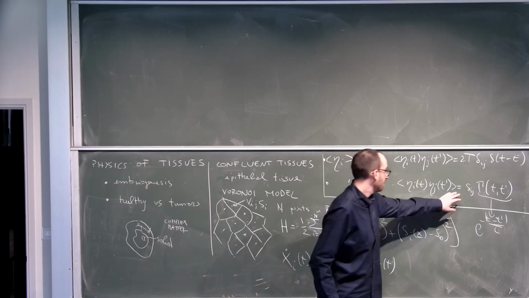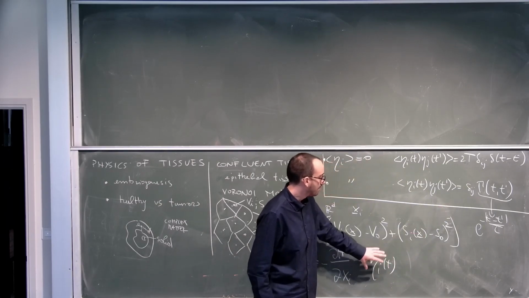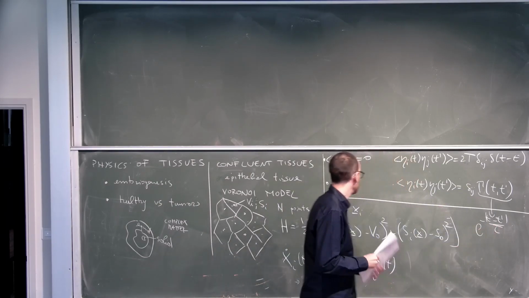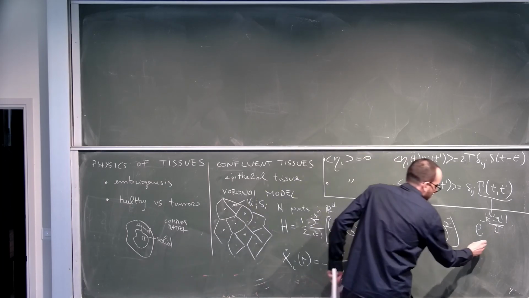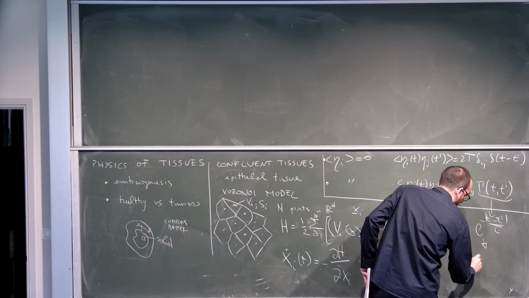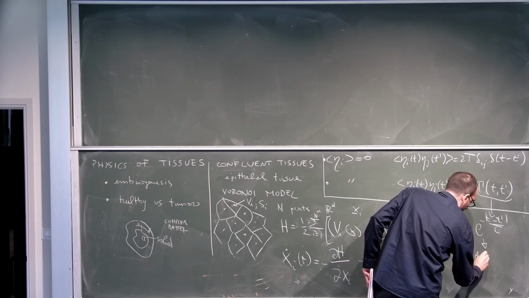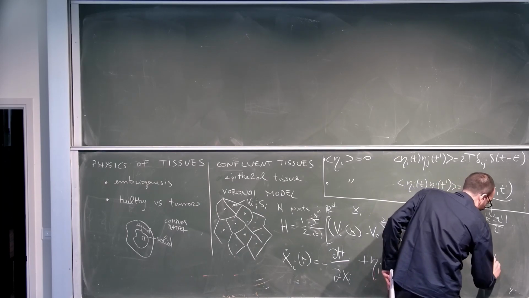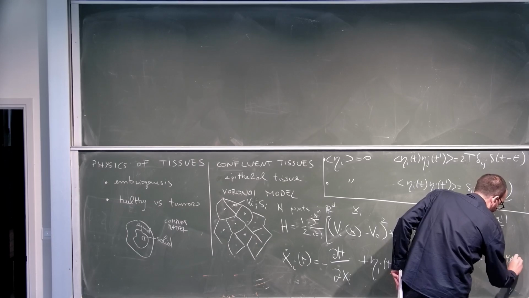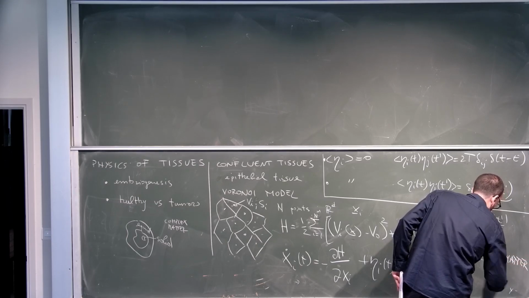So this means that you add some noise that has some persistence time τ. And these people say that it's an active matter model.